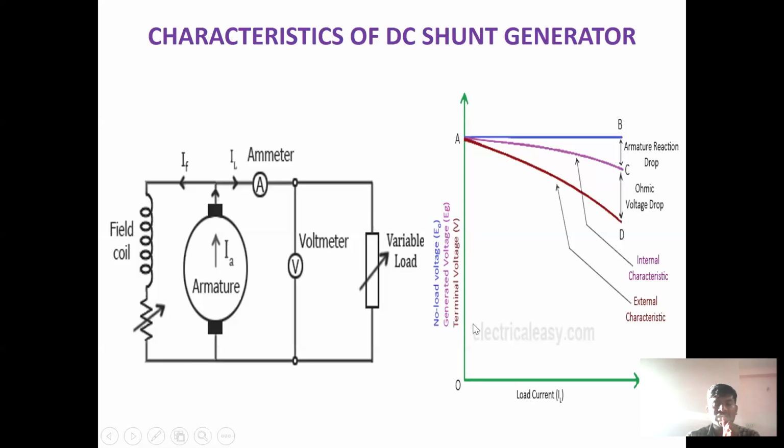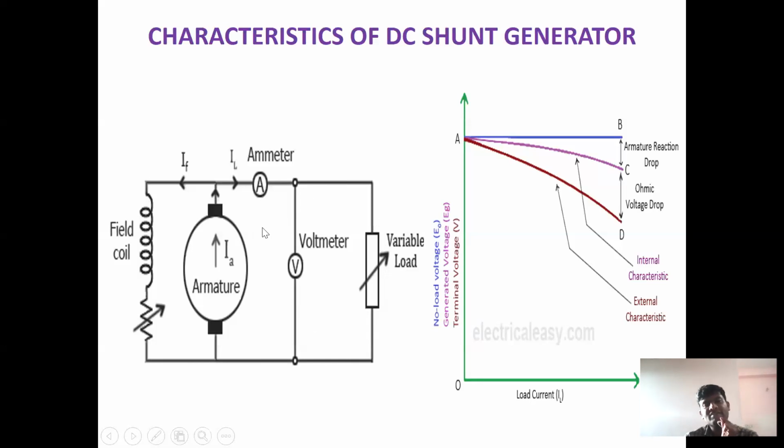When we connect the load and vary it, that means increasing the load current, the load voltage also varies. That means some voltage drops are present across the load point.